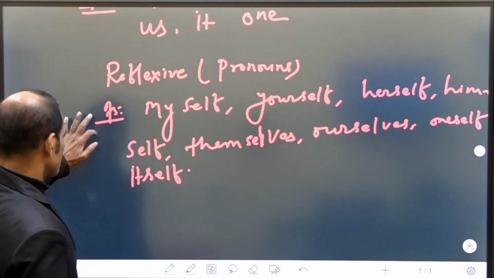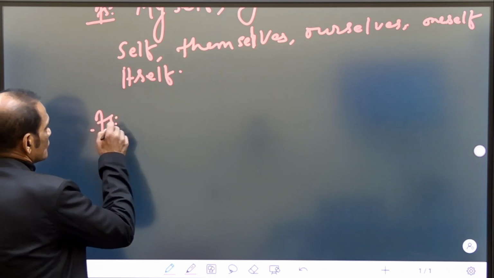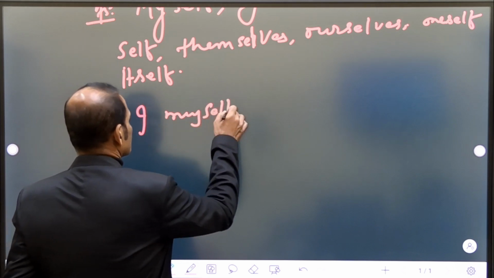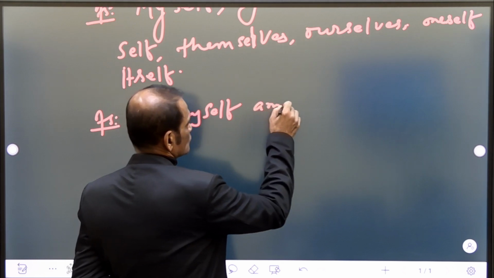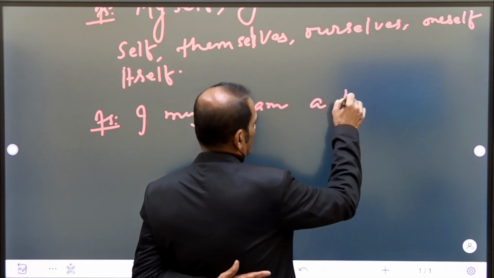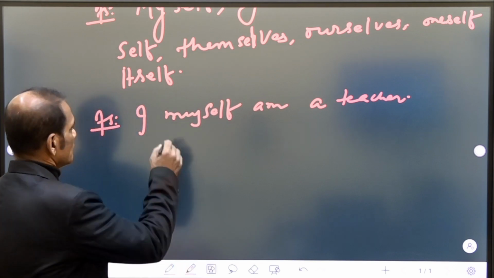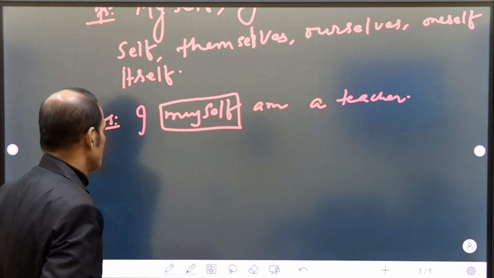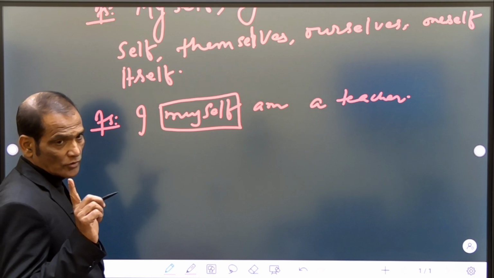Let's see its application. I myself am a teacher. Here myself is used simply to reflect the sense of teacher on I. Myself has not any certain meaning here.